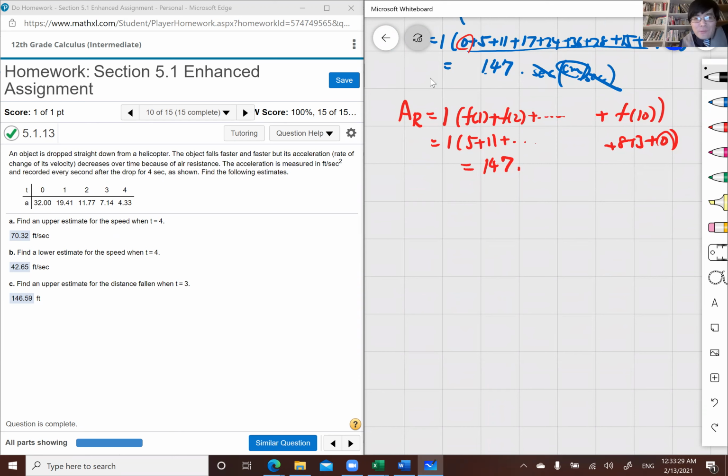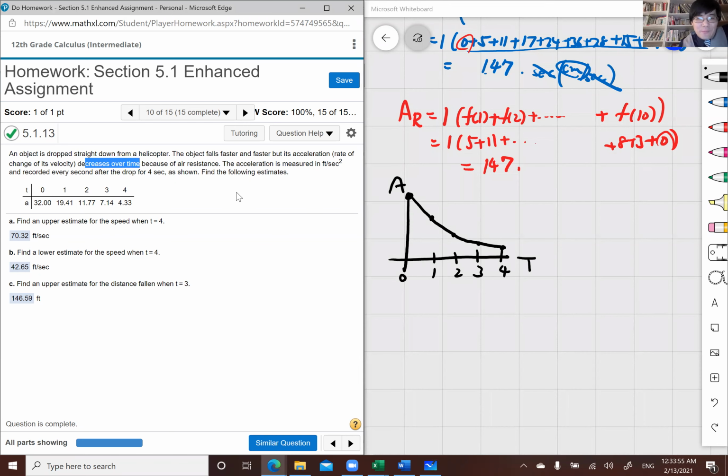So now we have acceleration versus time, and we have 5 moments. According to the problem, acceleration is a decreasing function, so we can assume it's a decreasing function.